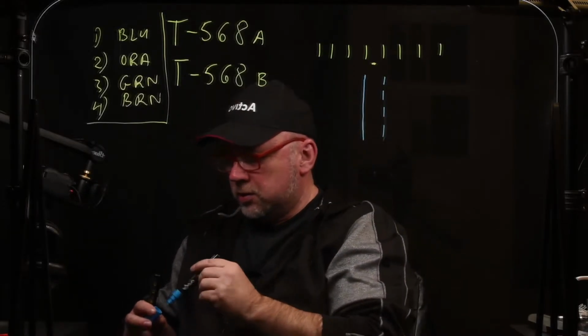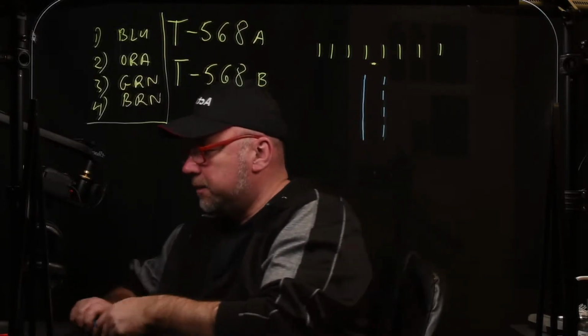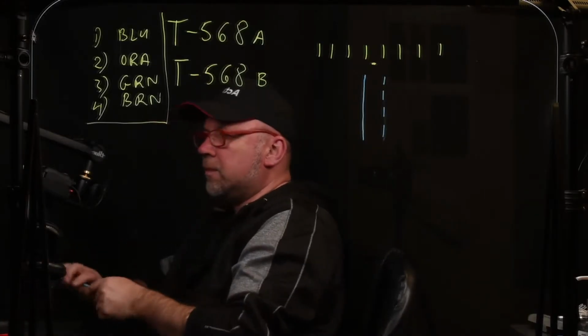Notice that when you look at this jack here, with the clip facing away from you, here's my ink, clip facing away from you, this is going to be the colors arrangement. So what do we see here?